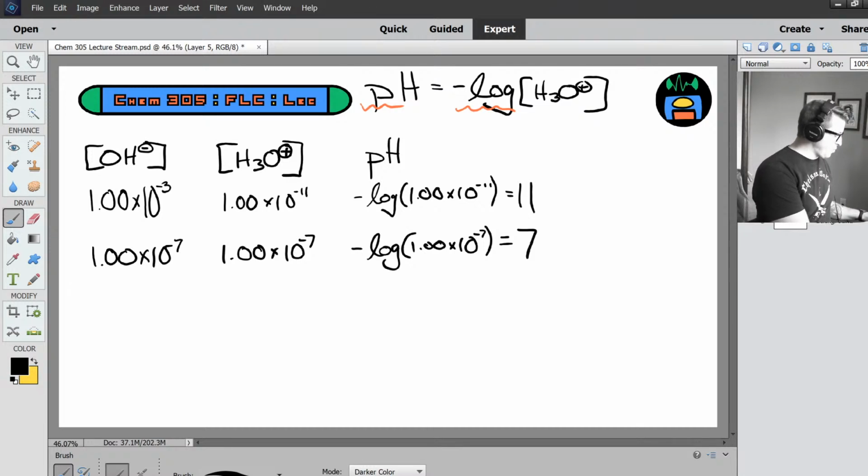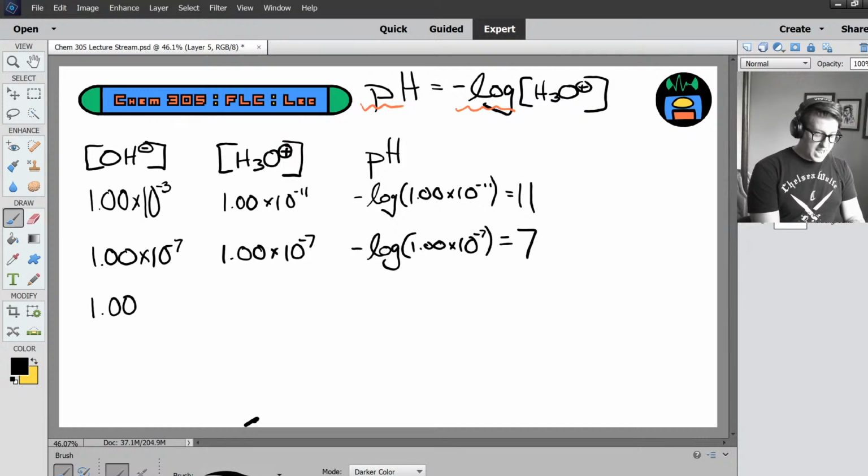Prathana was asking how I calculated the concentration of hydronium, and I did so using the self-ionization of water. Because we know that the ionization constant of water is equal to the concentration of hydronium times the concentration of hydroxide.